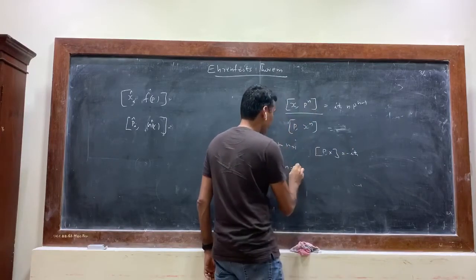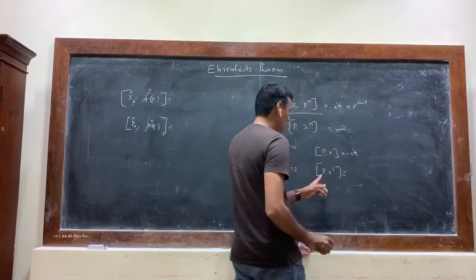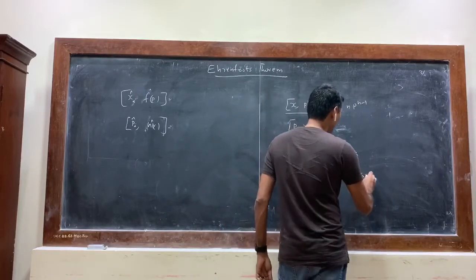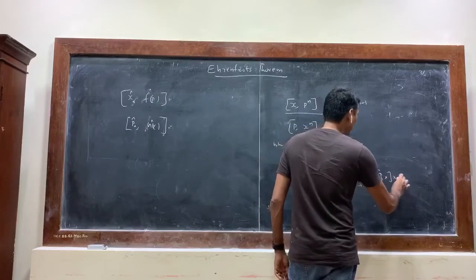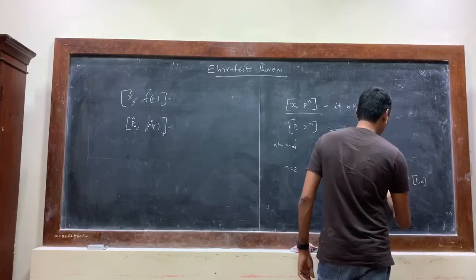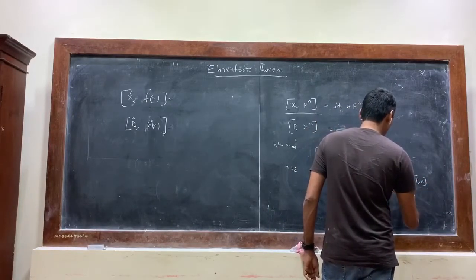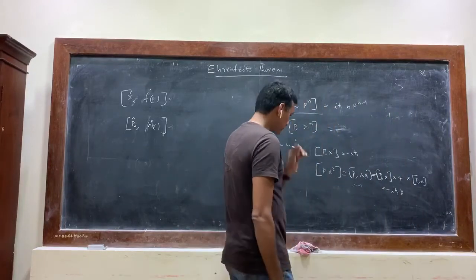When n equal to 2, you are going to get p x squared, that's equal to p x x, is equal to p x x plus x p x, is equal to minus iħ x, right?